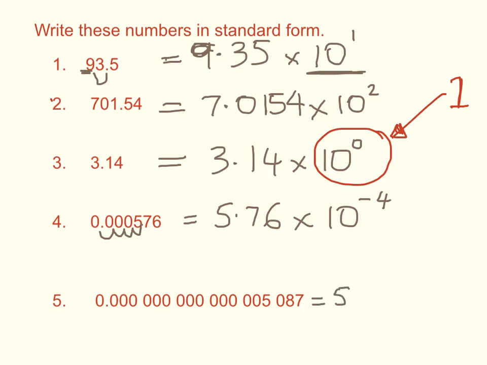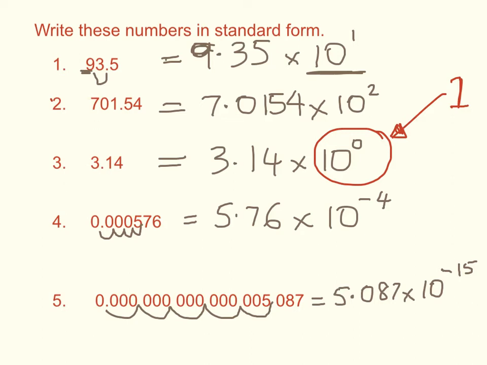So the number part of it will be 5.087 times 10 to the power of, well, we need to count. We're going to count in threes to make life a bit faster. 3, 6, 9, 12, 15. So it's a very, very small number. It's 5.087 times 10 to the power of -15.